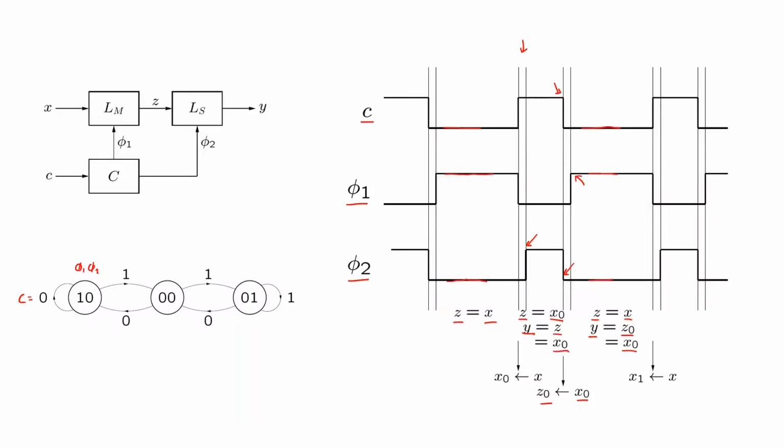And then after some time C will go back to 1, which means that first phi1 closes here and we fix the value X to be X1. So Z here will be fixed to X1. And then here when phi2 opens, we will have Y equals Z.